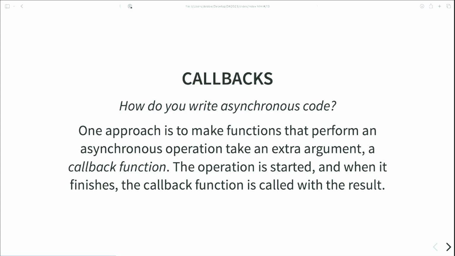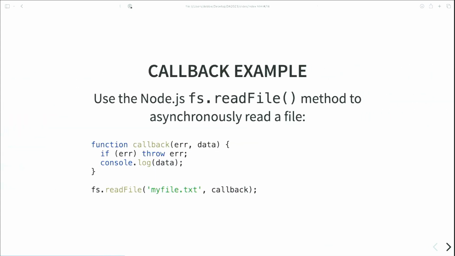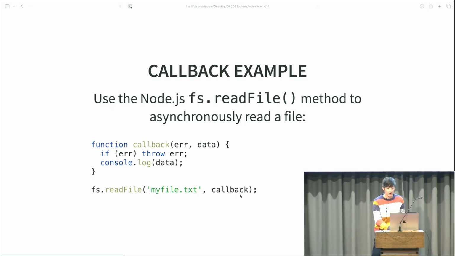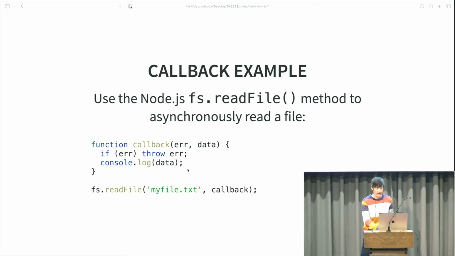Here's a small example. This is using the Node.js readFile method to go and read a file. So you've got readFile, you supply your file name and a callback function, which is defined up here, which is expected to take two arguments.